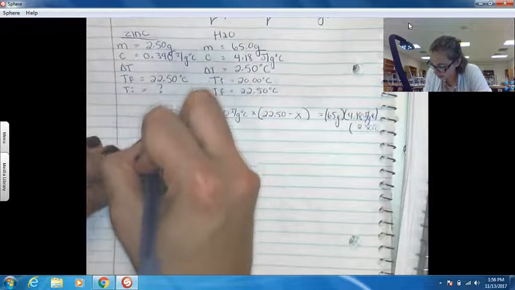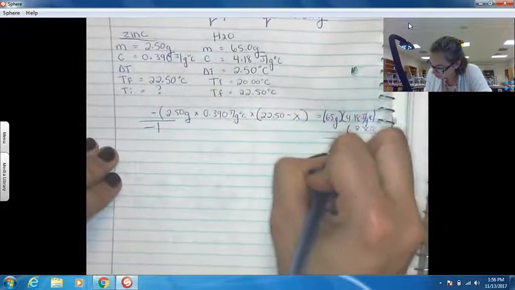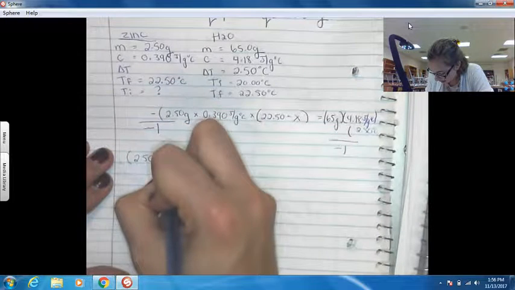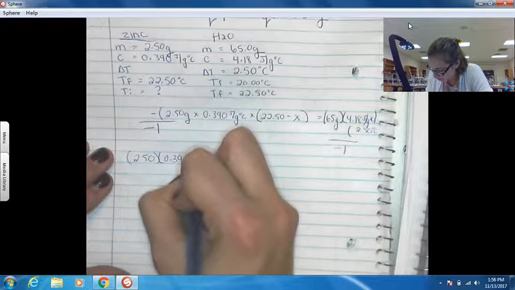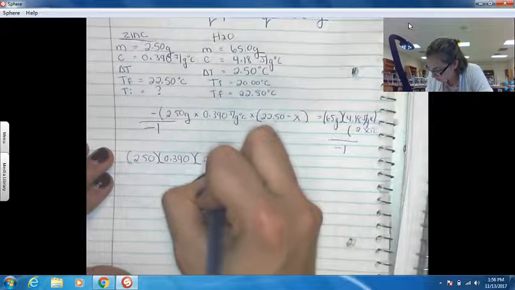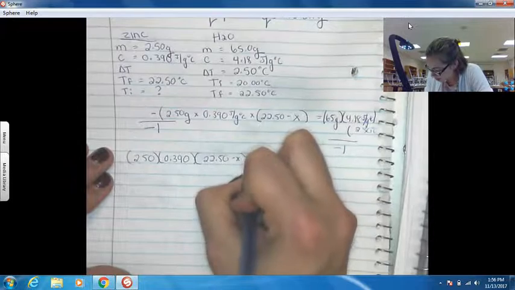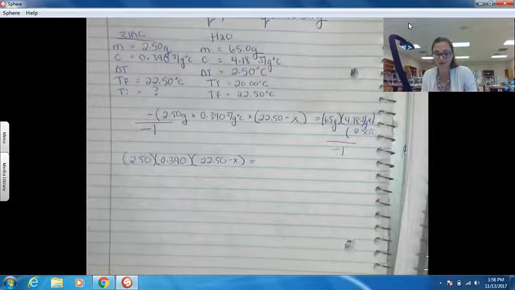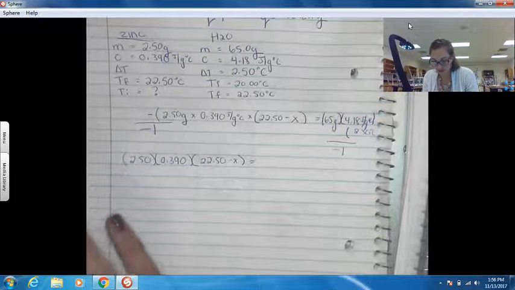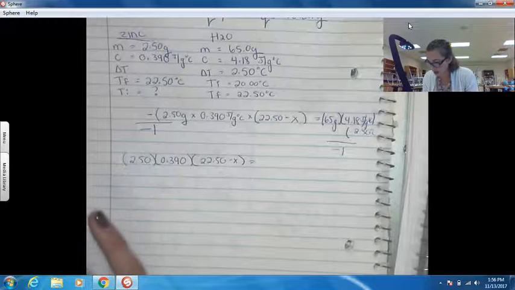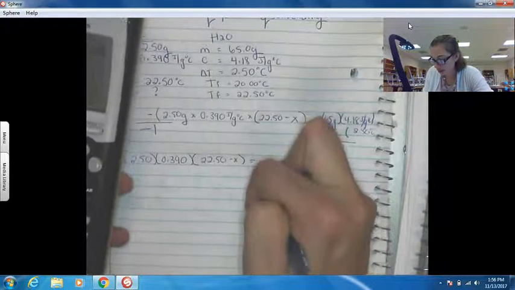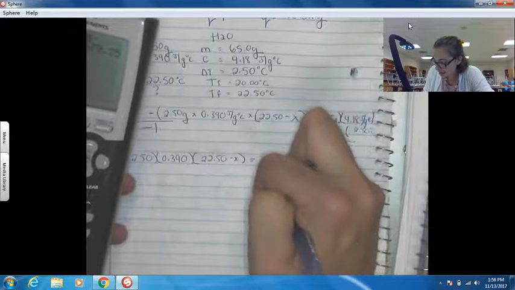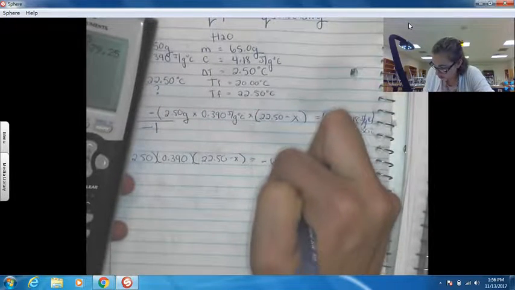So divide by -1 so that we get 2.5 times 0.390 times 22.5 minus x is equal to all of this multiplied together, and now it's just negative. So 65 times 4.18 times 2.5, and we just negate that. So we end up with negative 679.25.